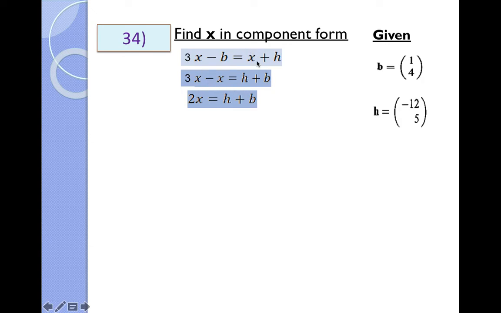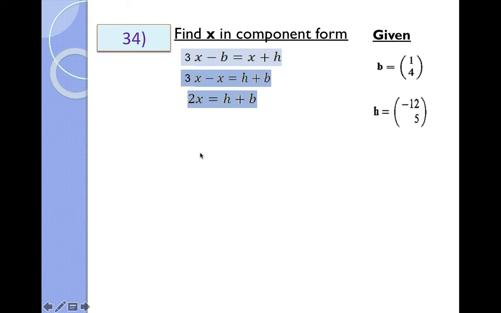You have transposed the positive x to the opposite side, so it became negative h. Likewise, negative b became positive b. And here you get 2x equals h plus b. Now, what is the column vector for h given in the question? Negative 12 is the x component, the y component is 5. And for vector b, 1 is the x component and 4 is the y component.